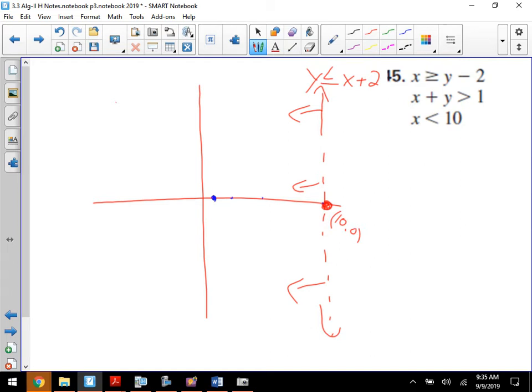If I scale that to be 1, this one on the other side should also be 1, because I'm trying to scale them to be the same. I'm just giving it a rough idea. 1, 0 and 0, 1. Between those two, solid or dotted? It's dotted again. Did it go through the origin? No. What's 0 plus 0? Is that bigger than 1?